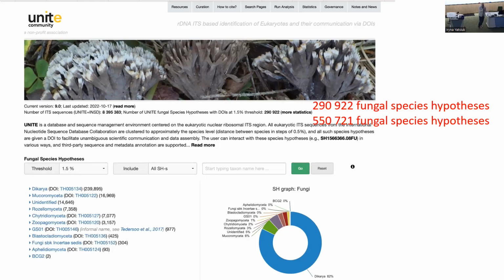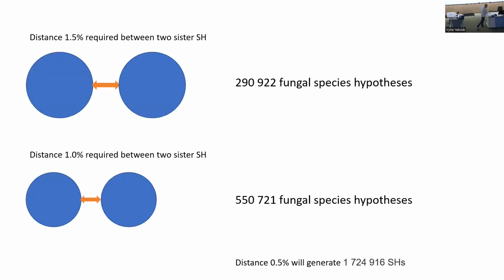When we force a smaller distance between 2 sister species, 1% difference, then we will get, you see, 550,000 fungal species hypotheses in the current version. Probably as a taxonomist, you know very well how it works. It depends on your opinion on species, what kind of concept or definition you have for your species.